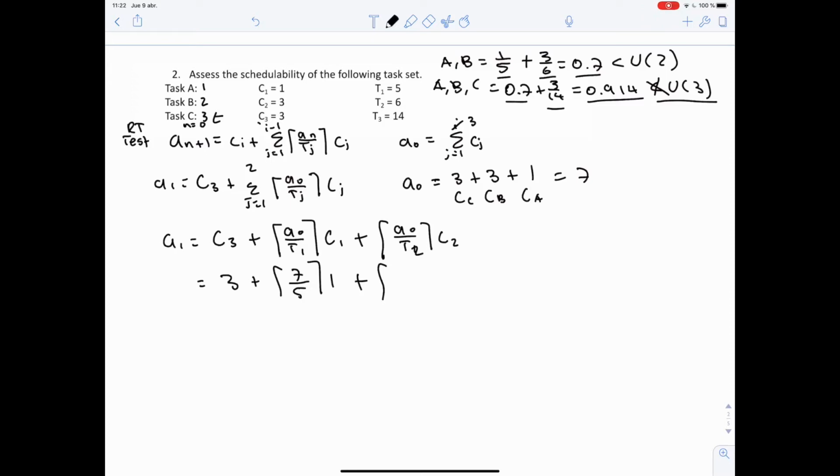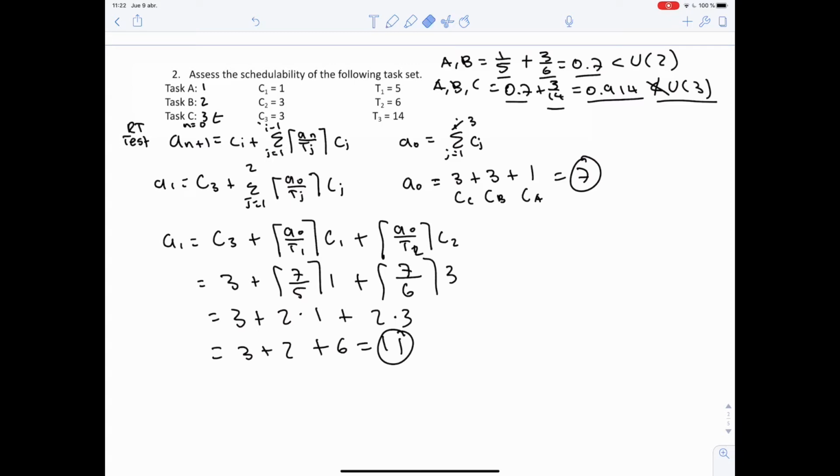And we know a0 is 7 again. We know the period of task 2 is 6, and the period of task 1 is 5. What this symbol means is the ceiling of whatever the division inside is. So we'll have something that looks like this, which will be 11.